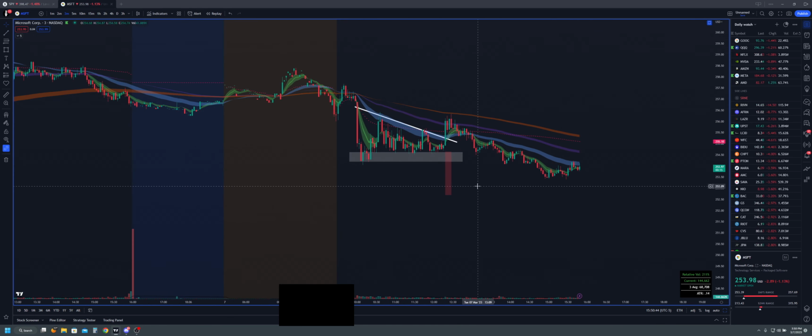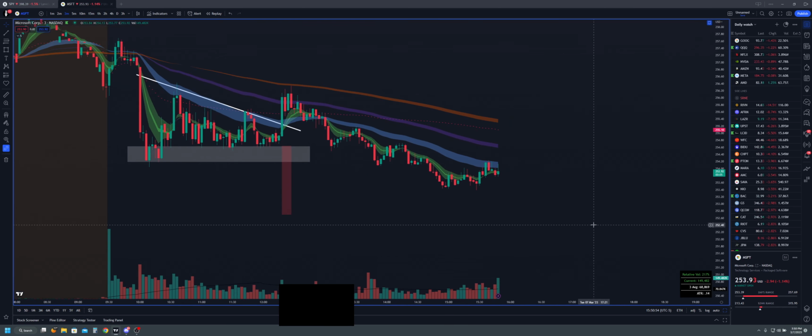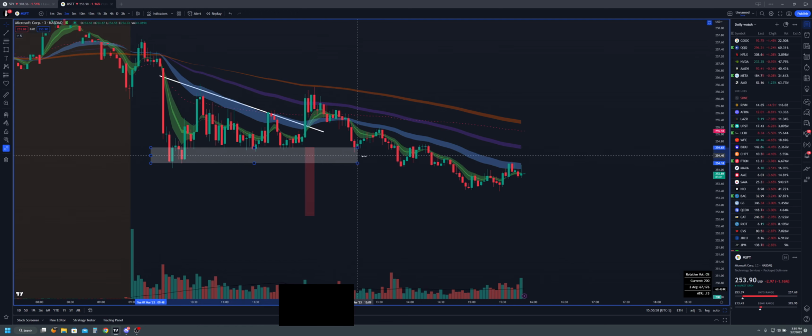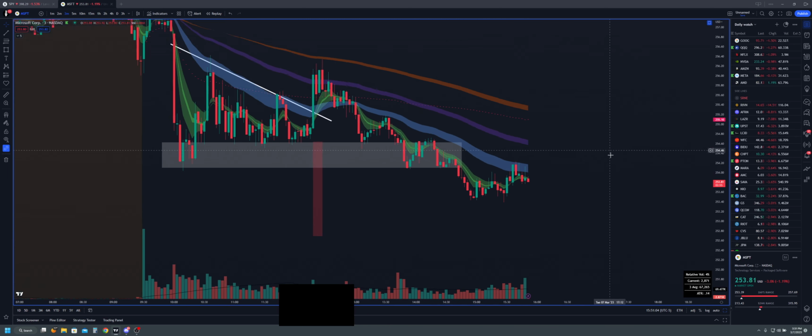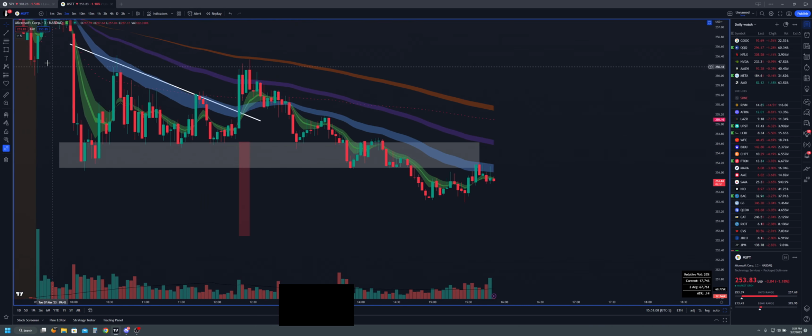But because it never broke its low of day and just started chopping around, being nasty with the price action, that's what you want to avoid. But even here, you could have potentially taken it, because if you drag this all the way down, it did end up breaking down, breaking its low of day.